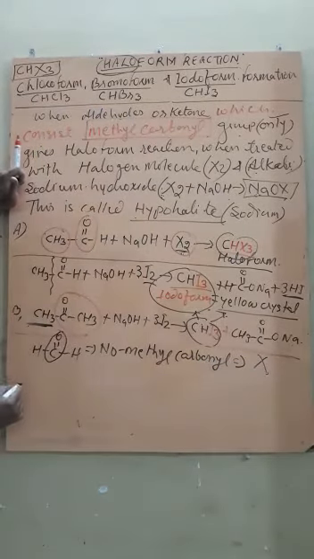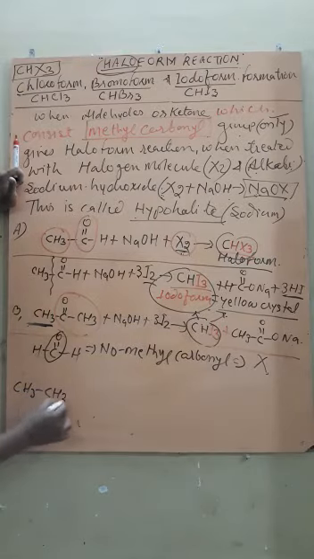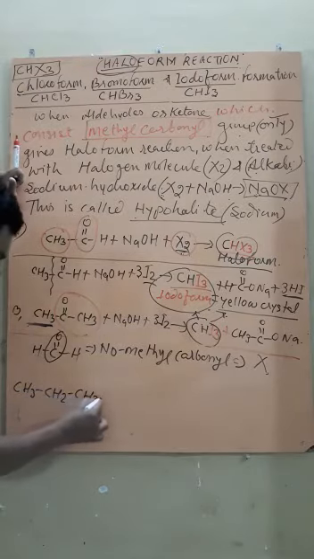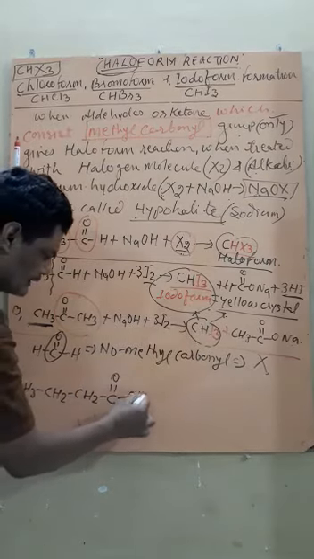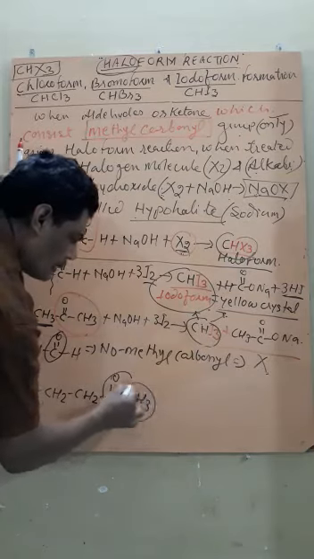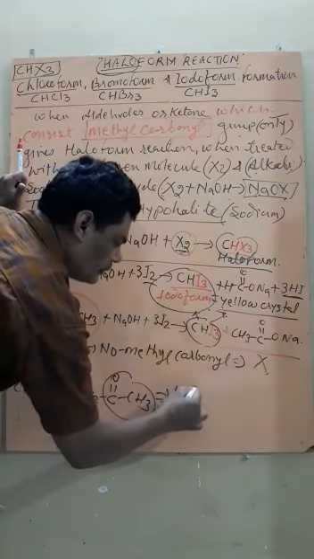Similarly, if you write CH3 CH2, then CH2, then C double bond O and then CH3, this type of ketone will give the reaction.